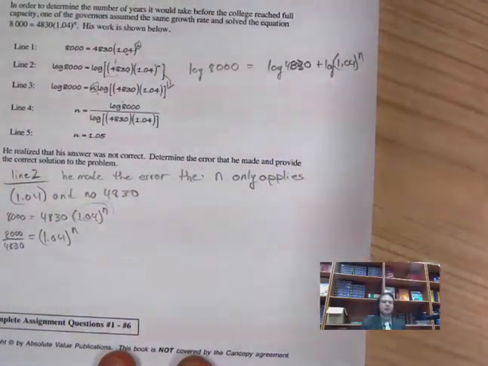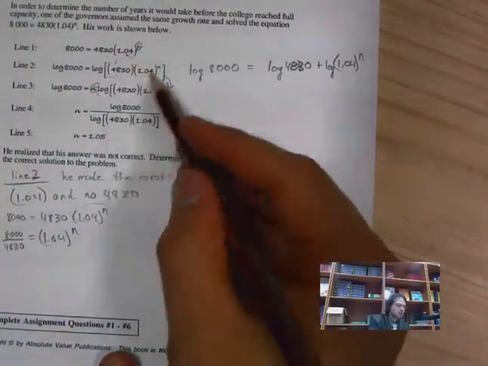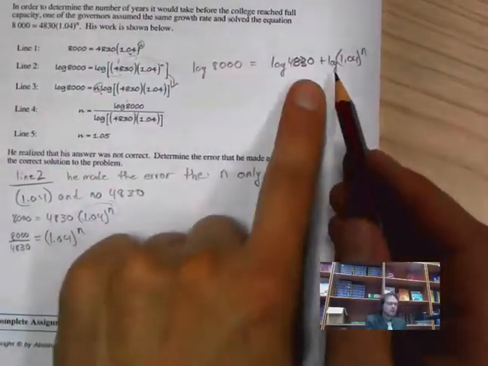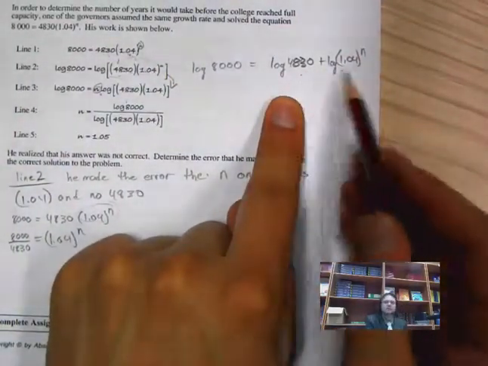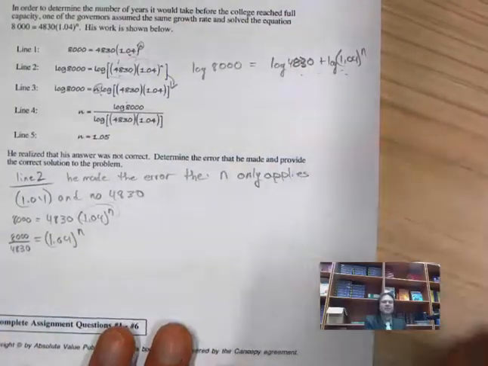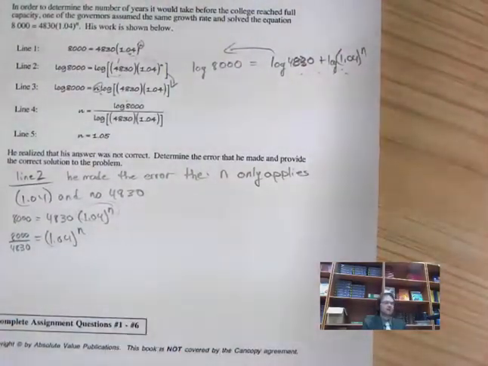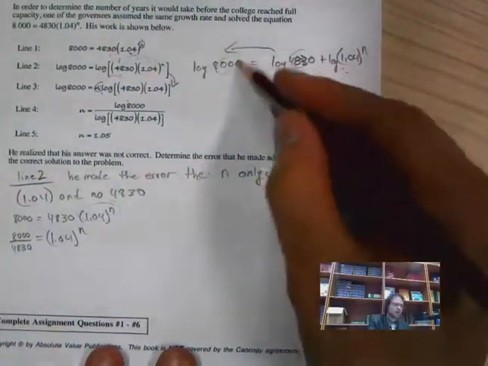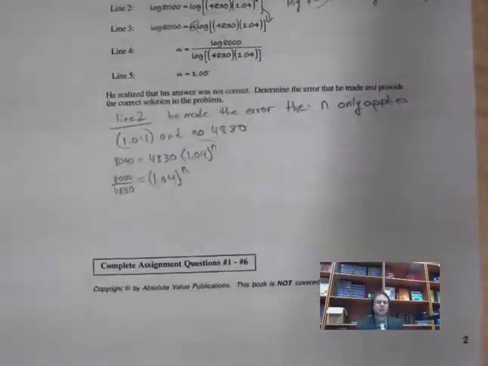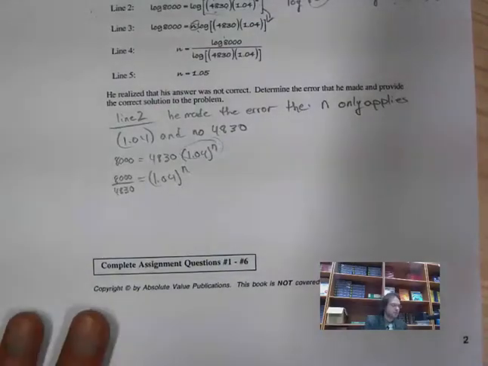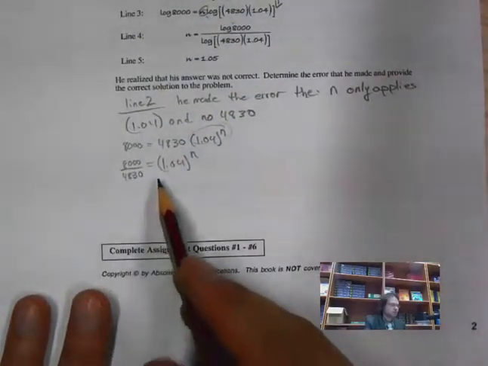He could have done that as well. Why? Because when multiplication happens, that's two additions. This makes an addition, so we could use that rule. So we could have done that instead as well. And then he moves this to that side, and then it's a subtraction, and that means this will be divided by that. He could have gone that way as well, but I'm doing it this way here. So we just keep an easy motion.